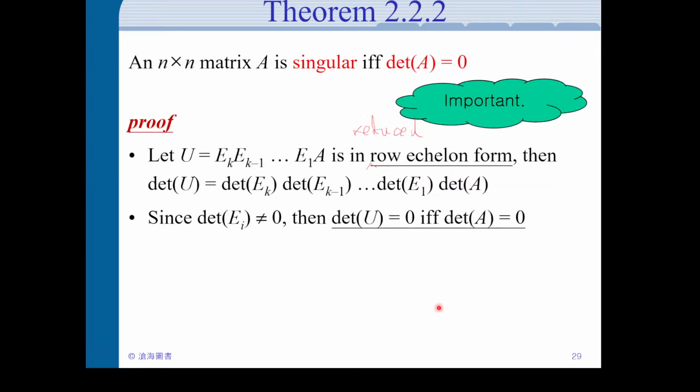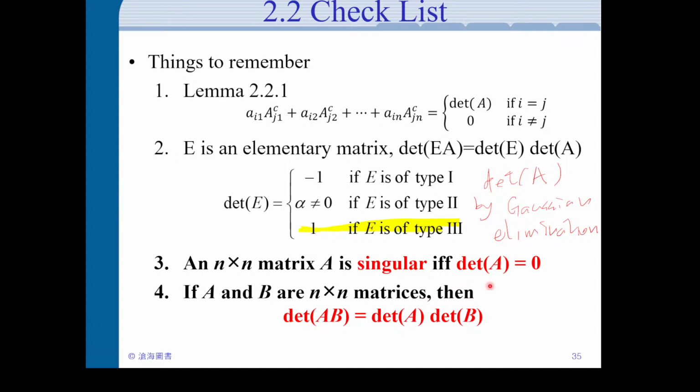Okay, so that's how we calculate the determinant by Gaussian elimination. And also the two main very important theorems: an n by n matrix A is singular if and only if its determinant equals 0, and also determinant of AB equals determinant of A times determinant of B for every matrix A and every matrix B.